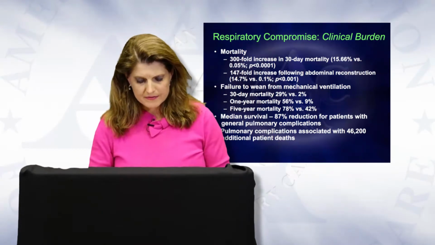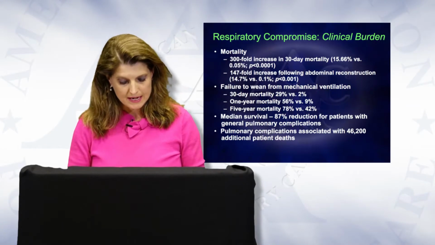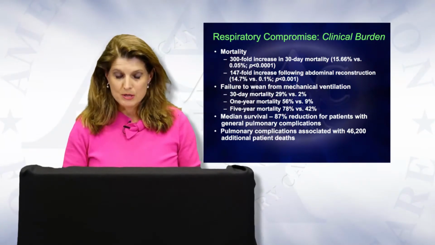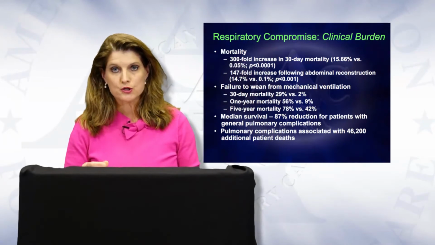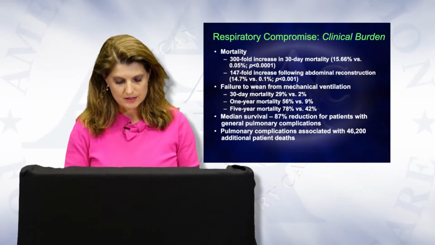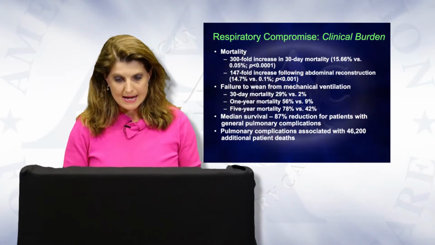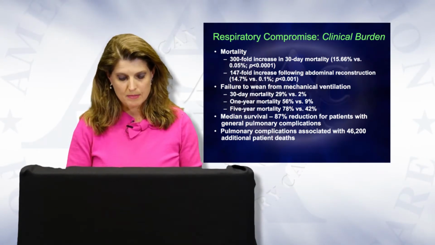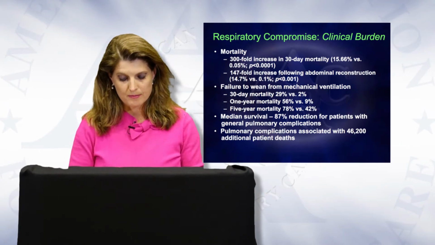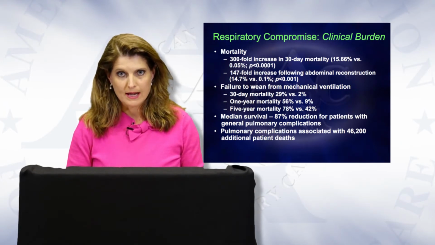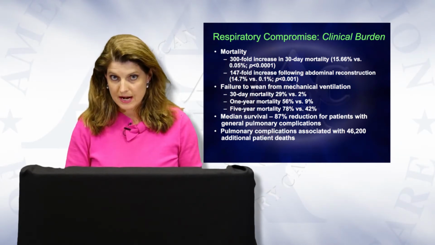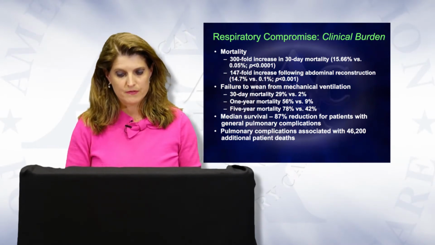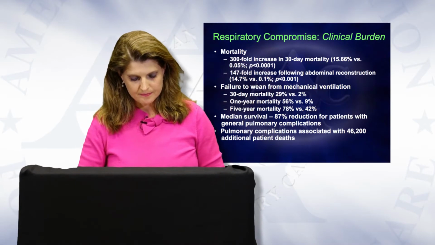In a 2005 study of more than 100,000 patients, respiratory compromise, as defined and demonstrated as a failure to wean from mechanical ventilation, had a 30-day mortality of 29% versus 2% in patients who had no postoperative compromise, a 1-year mortality of 56% versus 9%, and a 5-year mortality of 78% versus 42%.